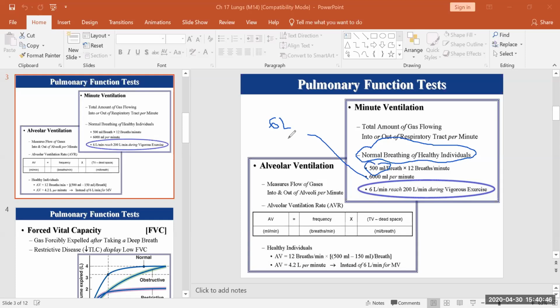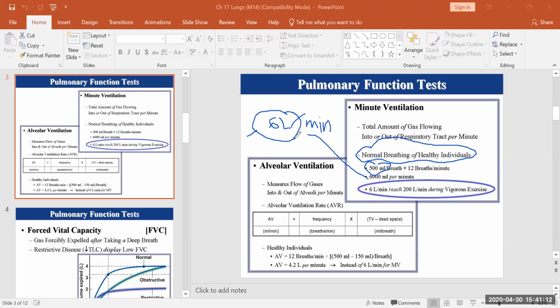But what is amazing about our pulmonary capability is this. When you are under vigorous exercise, that 6 liters per minute will be increased. Okay, so at rest, you are displacing 6 liters of air in and out of your lungs every 60 seconds.